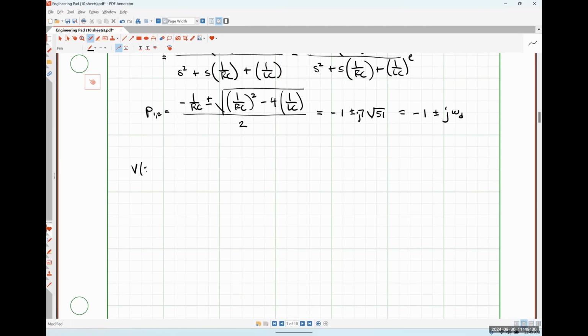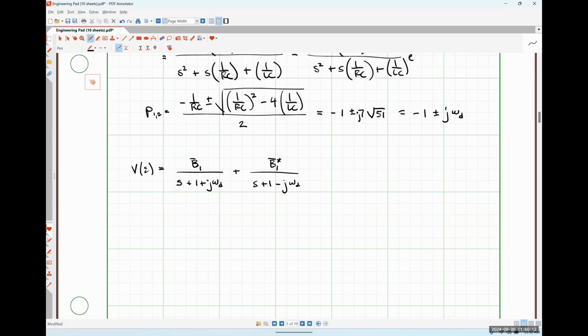So V of S is going to be some coefficient B1 over S plus 1 plus j omega d, plus B1 conjugate over S plus 1 minus j omega d.